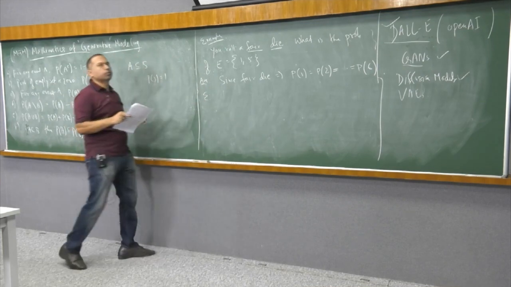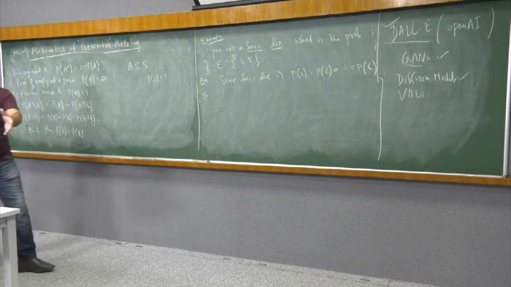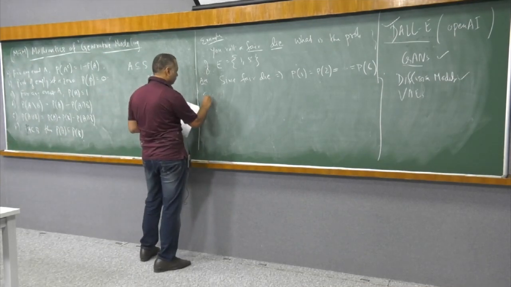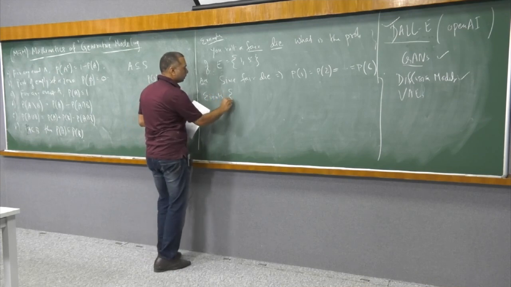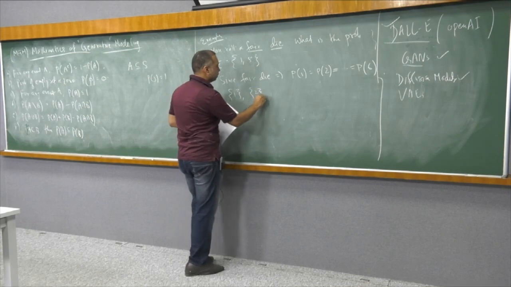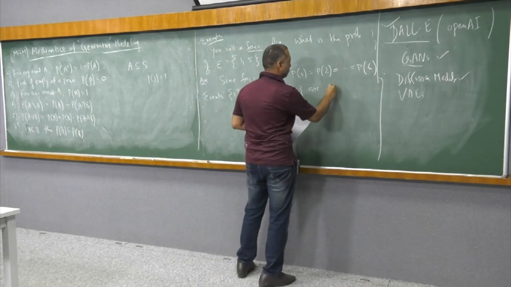I cannot roll a die and have more than one outcome, right? So the event of getting 1 is disjoint from the event of getting 2 and so on. We are using this fact. Events are always sets, so 1, 2, up to 6 are disjoint events.